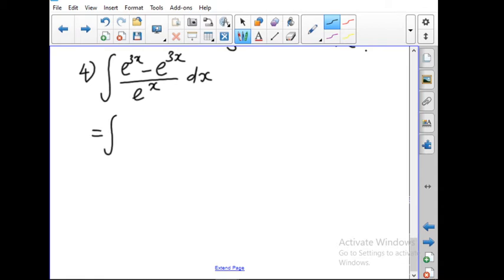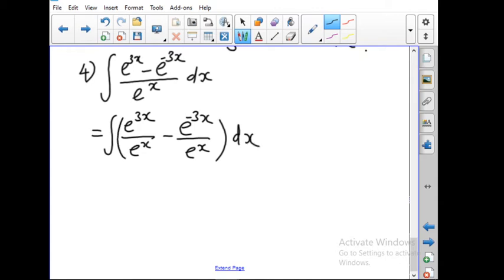It can be written as e^(3x) divided by e^x minus e^(−3x)... divided by e^x, into dx. When you are taking the power to the numerator, it will be subtracted. So your answer will be e^(2x) minus e^(−4x) into dx.